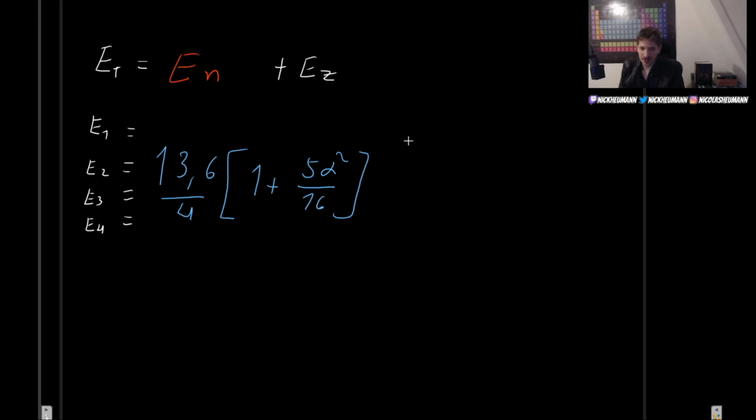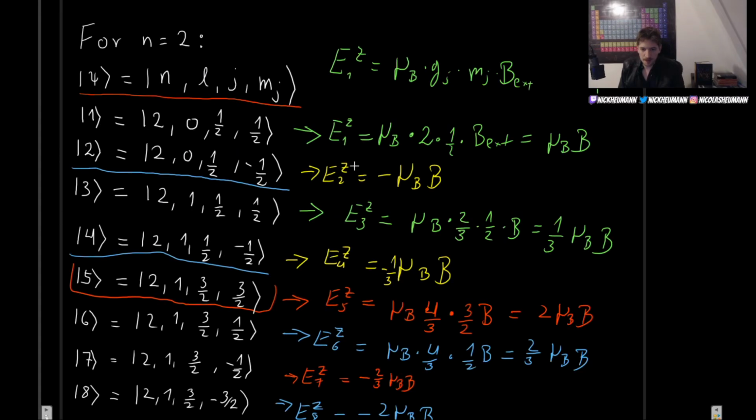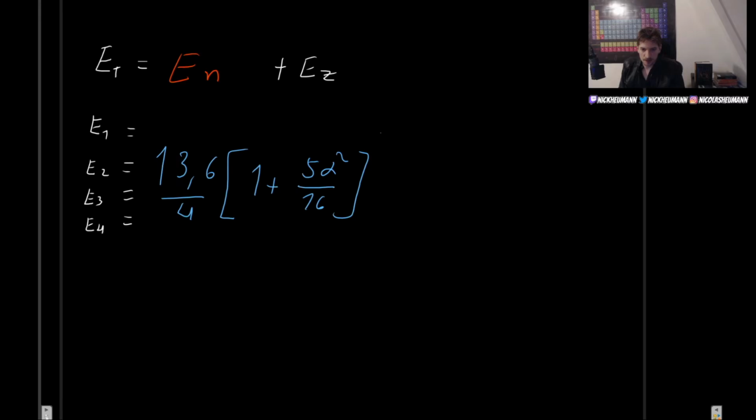And then we're going to add each one of them. So then we have, what is the energy of the first one? The energy of the first state is the Bohr magneton times B. So it's going to be plus mu B times B. Then the energy of the second state, where was it?